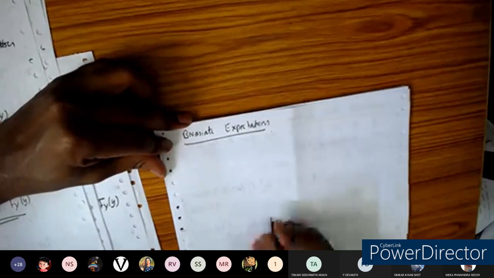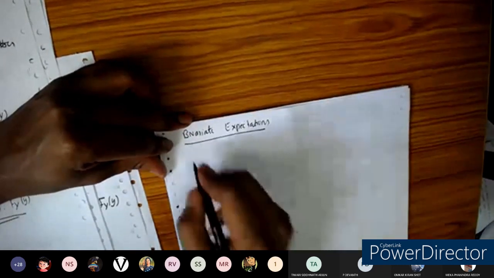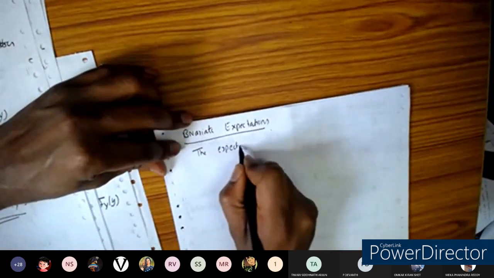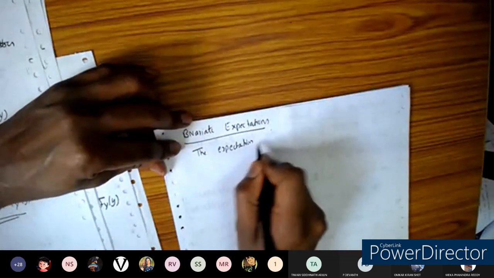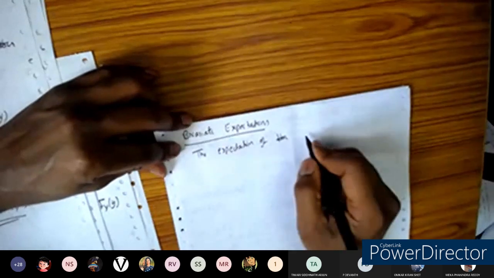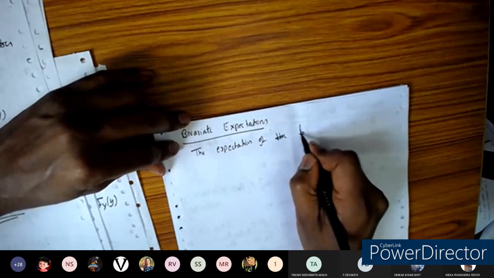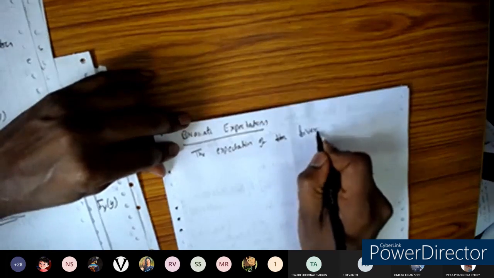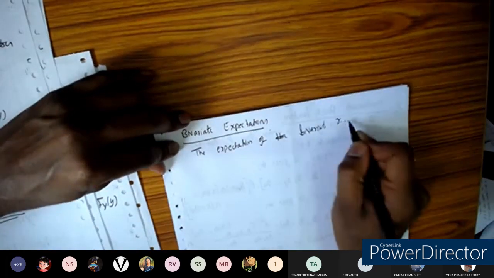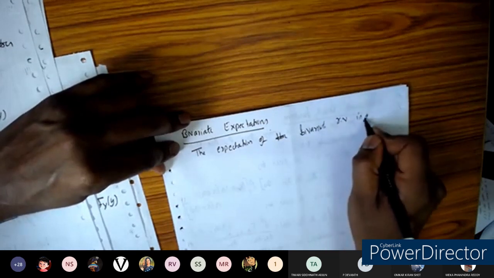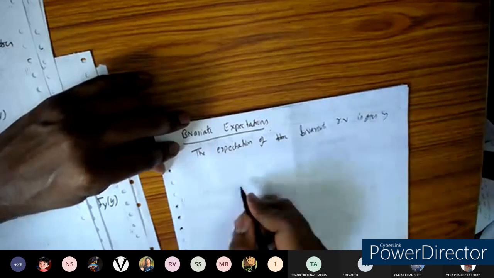Okay, so you can take the expectation of a function of a bivariate random variable, which is given by this.